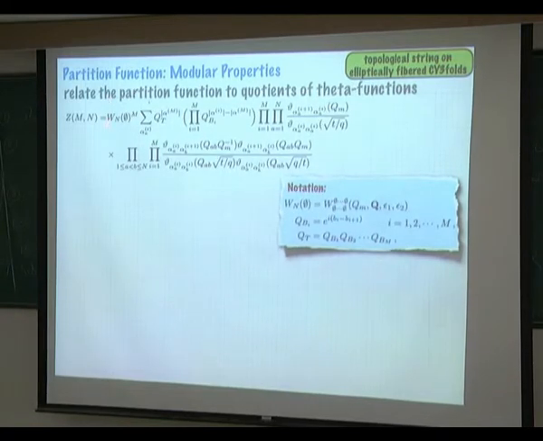That's a universal factor. And then it's this contribution here, still summing over partitions, weighted by the Kähler parameters, and then these quotients of theta functions.